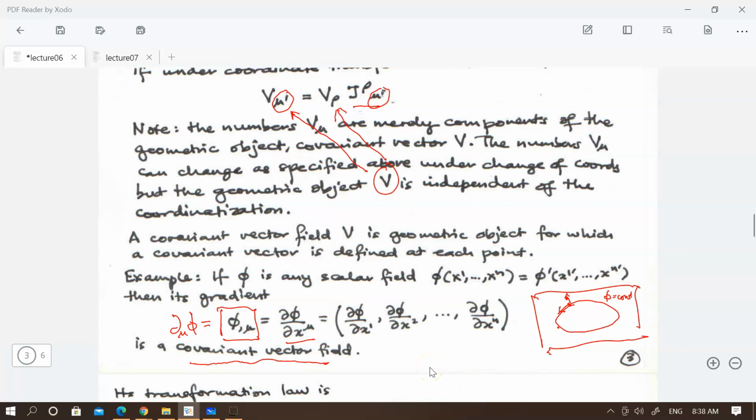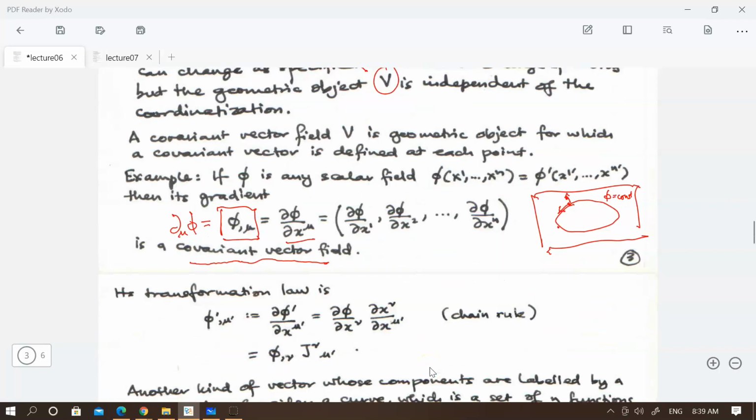And if one looks at how it transforms to a different coordinate system, in a different coordinate system I will have phi dash comma mu dash, which is really the shorthand notation for d phi dash dx mu dash. But phi dash is really the same as phi.